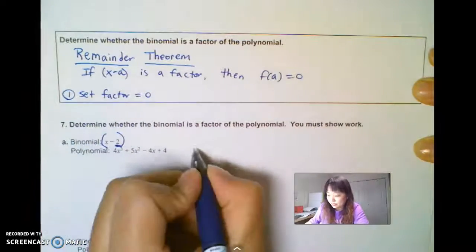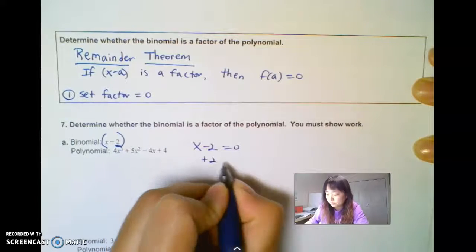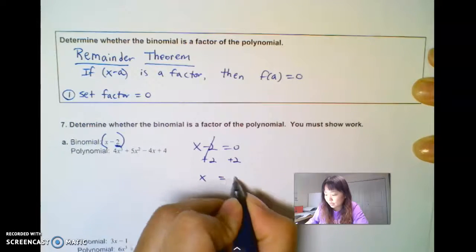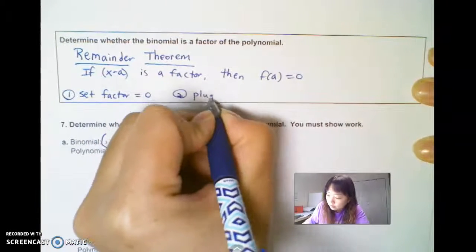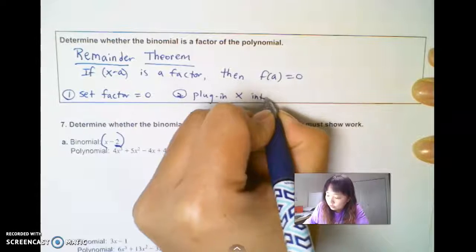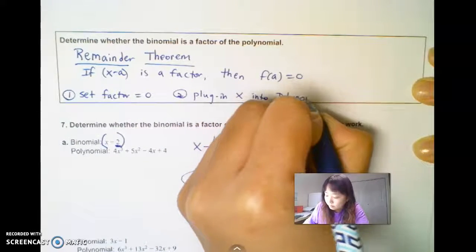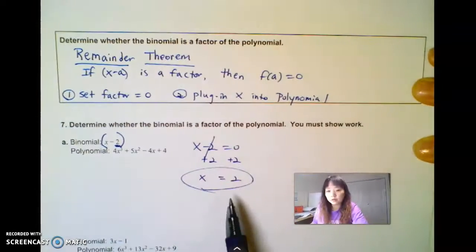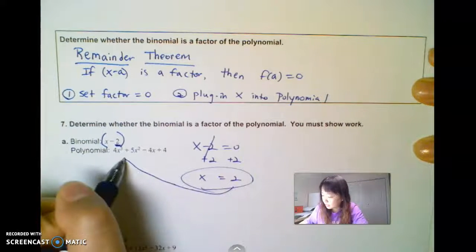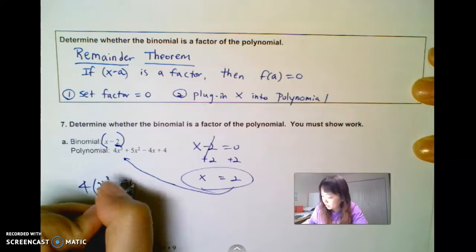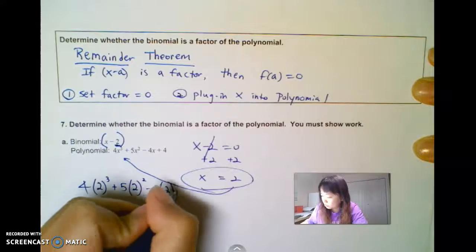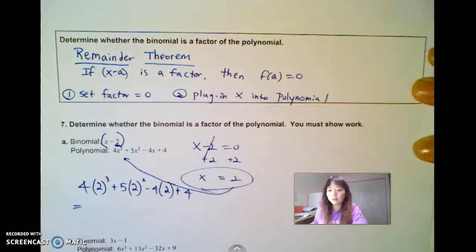So for example, for 7a, we find 2, then plug x into the original polynomial. Instead of dividing, this is a shortcut. We're going to put 2 into all the x's in the polynomial. So it'll be 4 times 2 cubed plus 5 times 2 squared minus 4 times 2 plus 4, right? So we plug it in and see what we get.